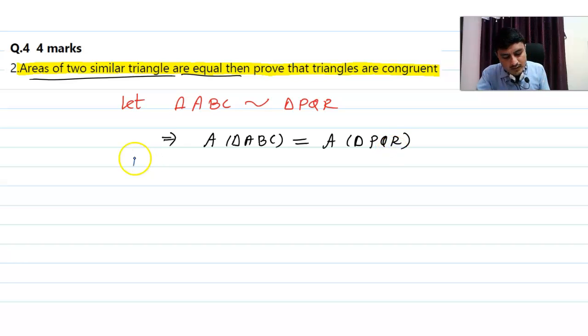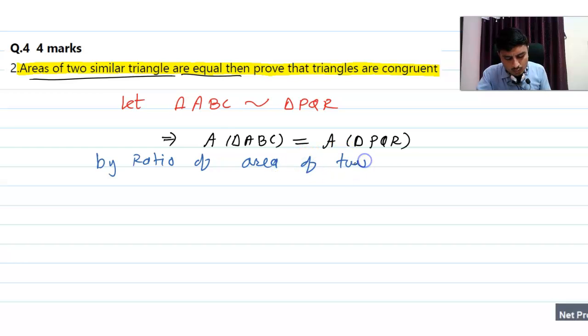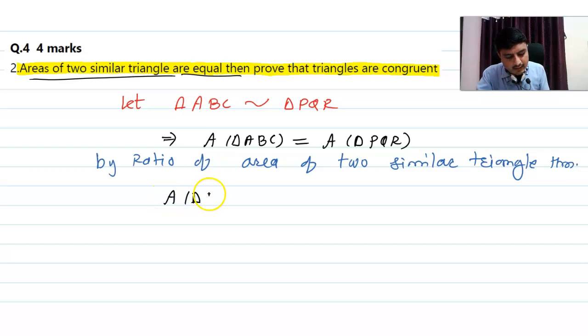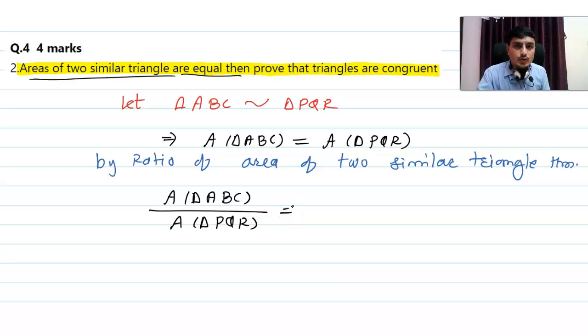Now we consider the theorem on the ratio of areas of two similar triangles. The ratio of the areas of two similar triangles, that means area of triangle ABC divided by area of triangle PQR, equals the ratio of the squares of their corresponding sides.